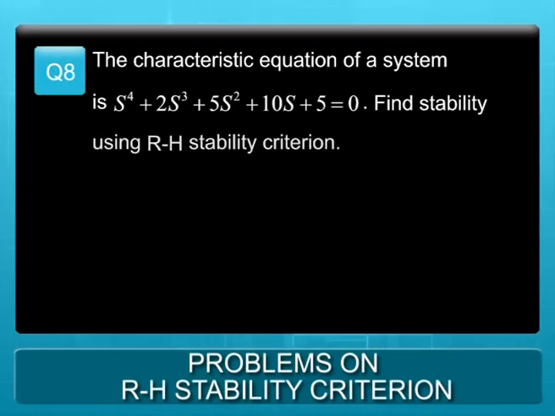Problem 8. The characteristic equation of a given system is s power 4 plus 2s cube plus 5s square plus 10s plus 5 equal to 0. Find out the stability using R-H stability criteria.